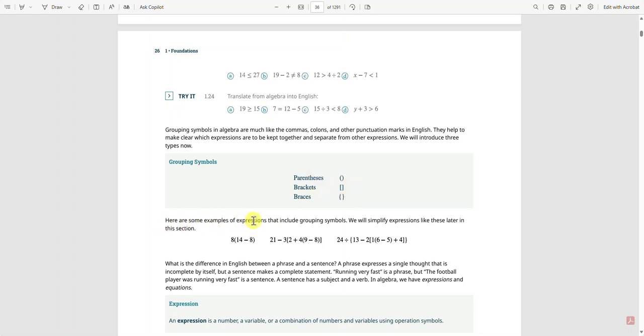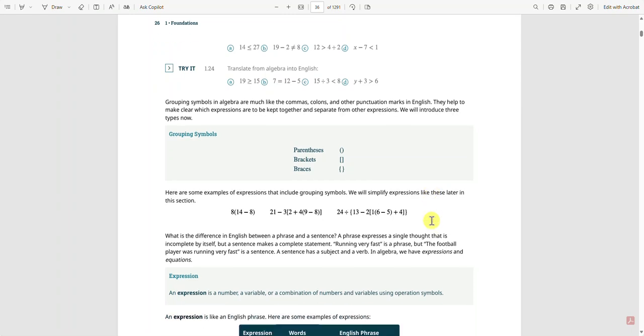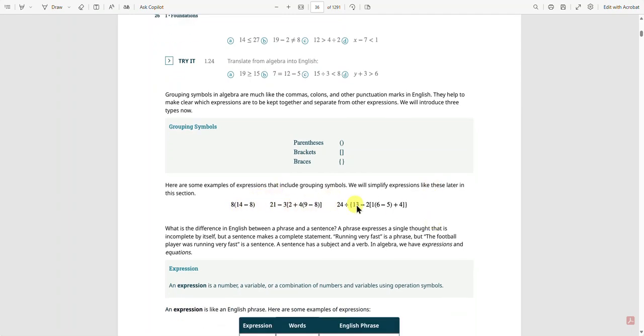Here are some examples of expressions that include grouping symbols. We will simplify expressions like these later in this section, so you don't necessarily have to understand how to translate or read these expressions. They're just showing in the text here how these grouping symbols are used. You can see that 14 minus 8 is set inside of 2 parentheses.